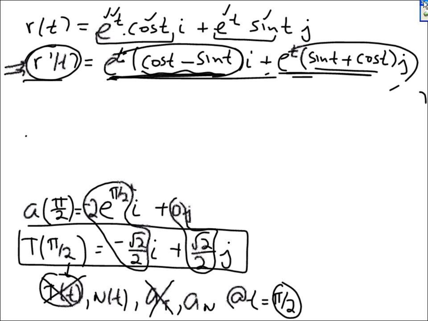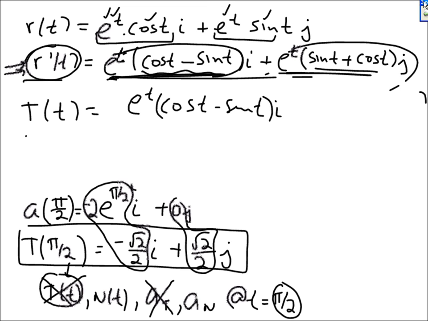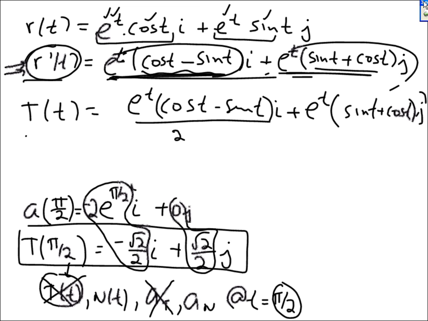Okay. So we need T of t. T of t is e to the t times cosine t minus sine t, that is, r prime of t divided by the length. And fortunately, I remember the length. It was square root of 2 times e to the t.